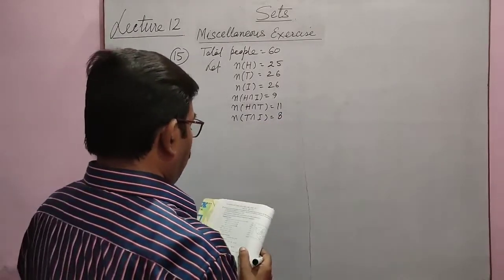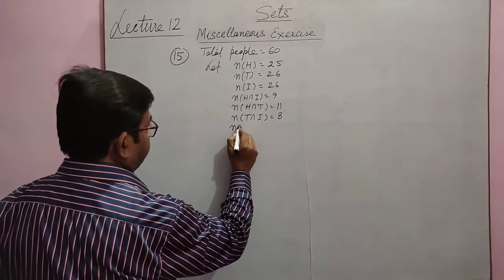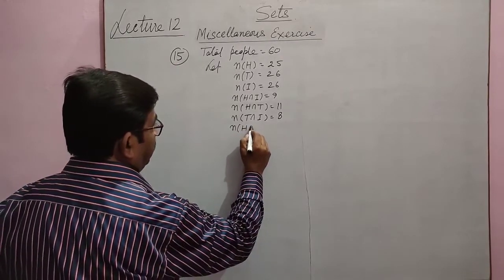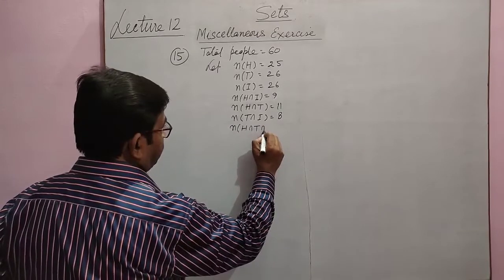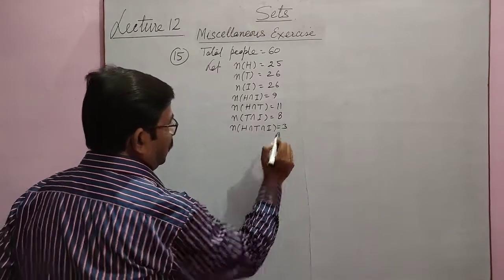And 3 read all the 3, n(H intersection T intersection I) is 3.